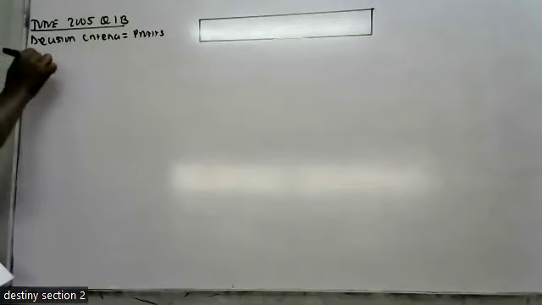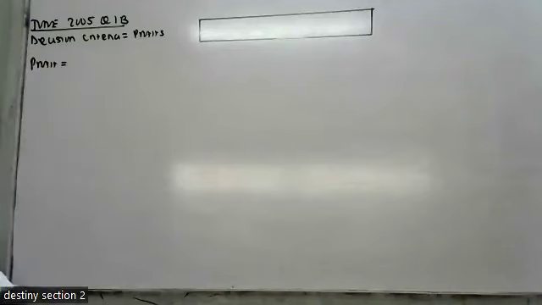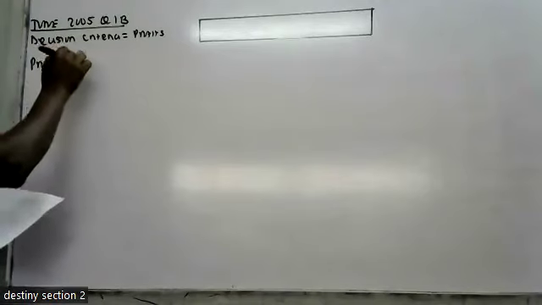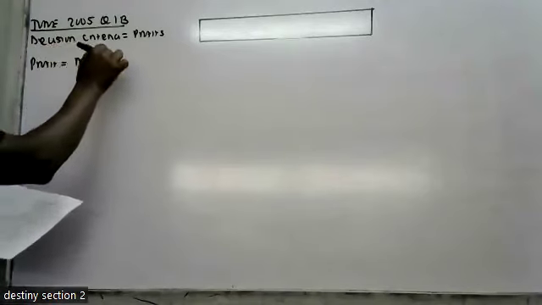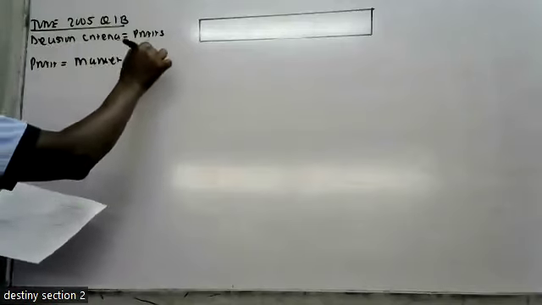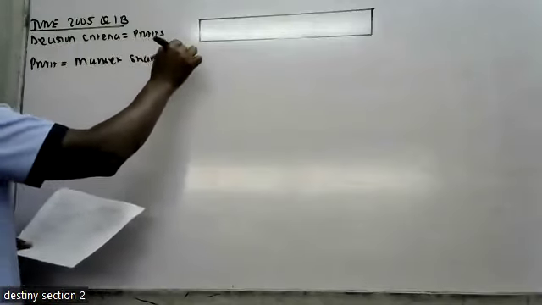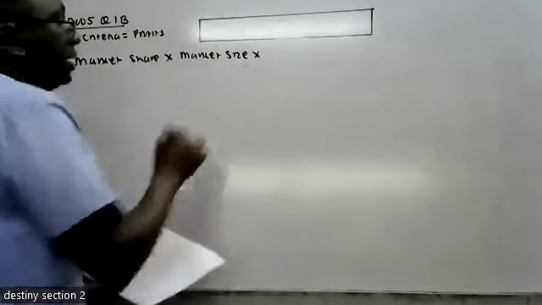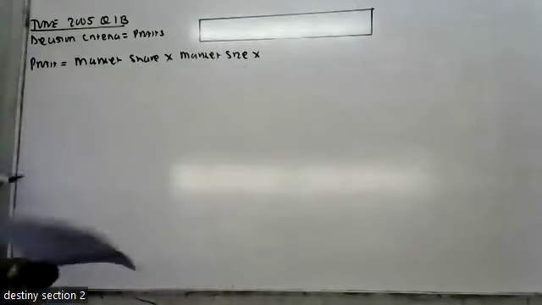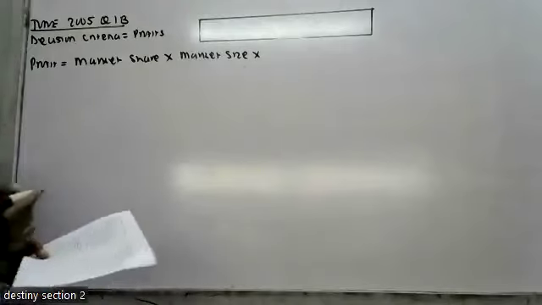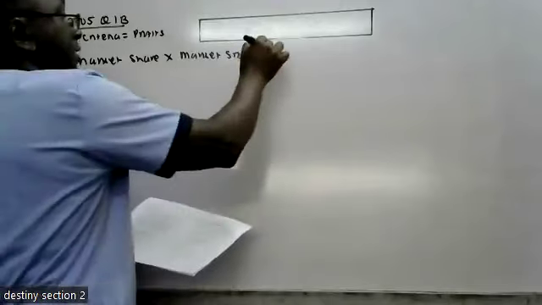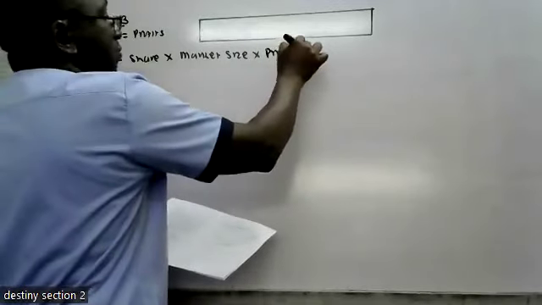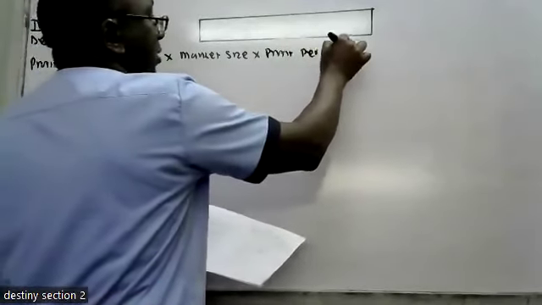Now, how do you think profit will be arrived at? Profits will be arrived at as follows. This is the market share. Market share, you multiply by market size, how big the market is. You multiply by profit per customer.